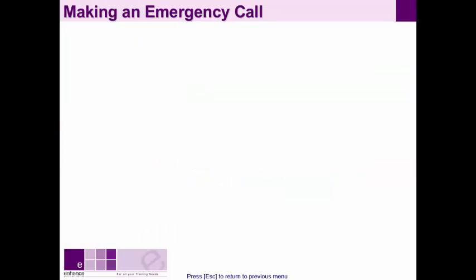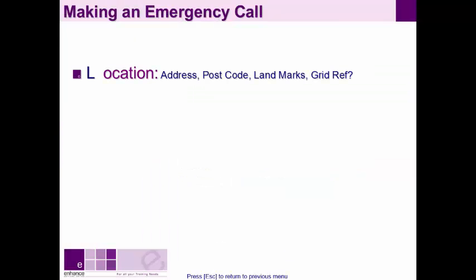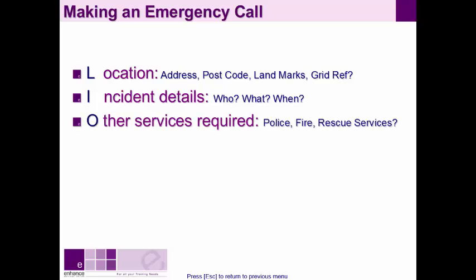So making the call, it's very important that you identify exactly where you are, easy landmarks, to ensure that the emergency services can get to you quickly. They will ask you details on what's happened, the age, the extent of the injuries. They will ask you if you require other support.